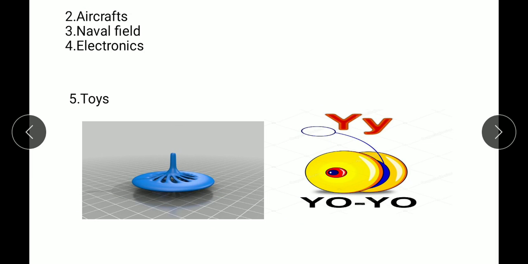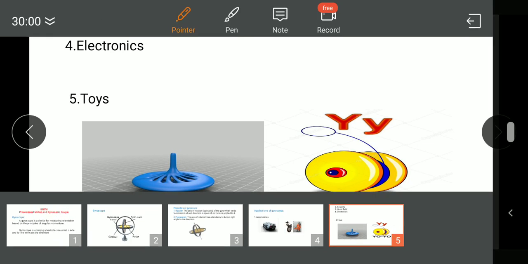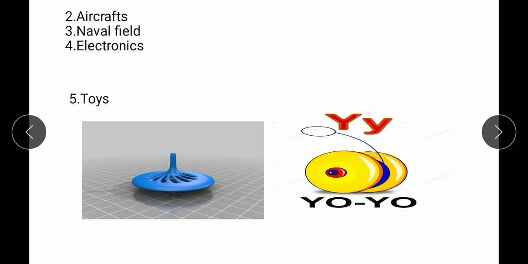When it is rotating, there is some orientation, and to measure that orientation we use the gyroscope. Next, here one small thread is given, so based on this thread we can rotate this object. When it is rotating, the gyroscope is found, that means to measure the orientation. So these are the applications, and where we have to apply the gyroscope in different fields.